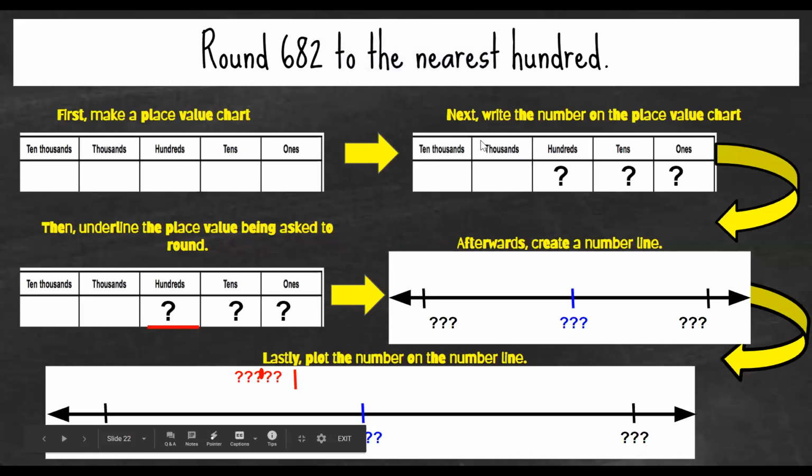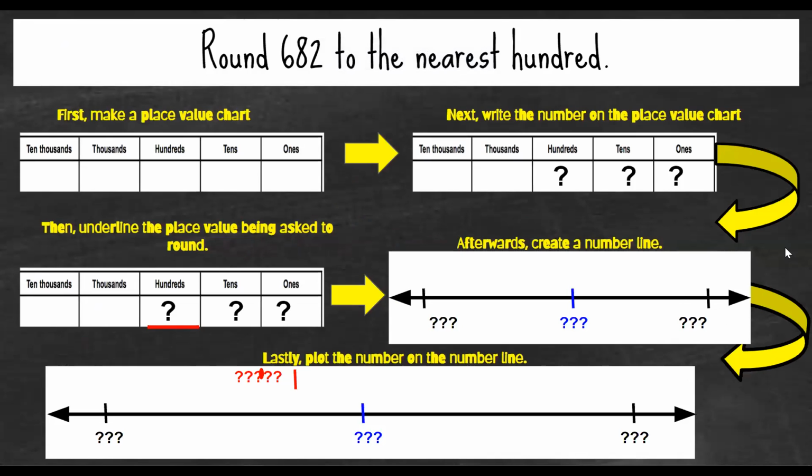So what I'm gonna have you do, you are going to work on your own for a couple minutes and you're gonna round 682 to the nearest 100. So Ms. Maldonado is gonna give you a couple minutes to do that on your own. So I'm gonna mute myself.